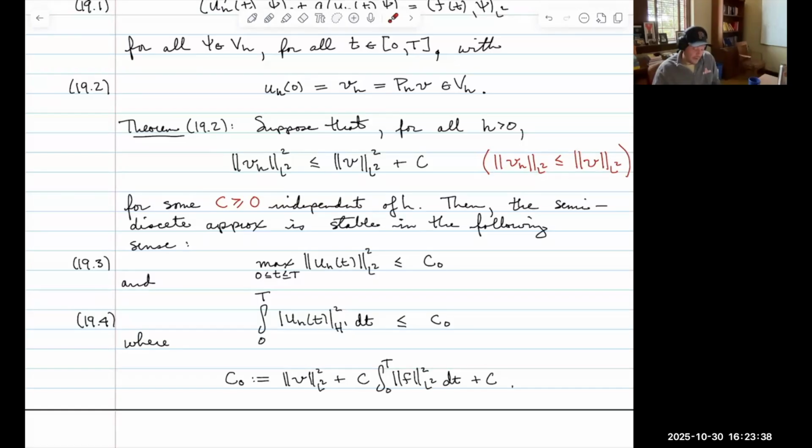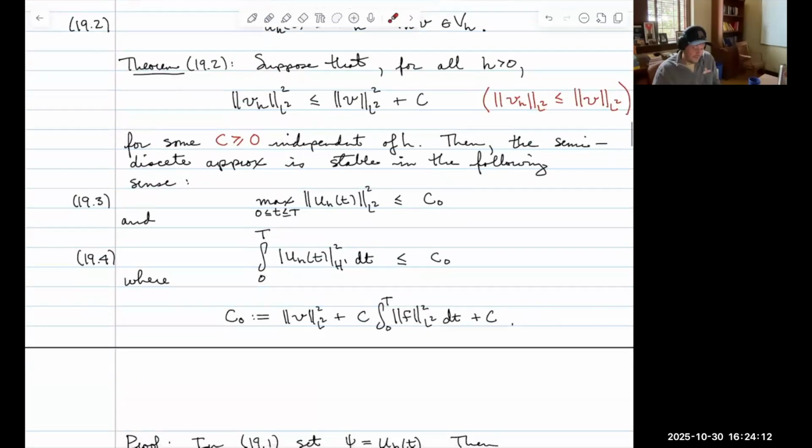In fact, I know what that constant should be. It should be the L2 norm squared of v plus a constant times the L2 norm squared of F, plus that same constant that appeared here. And we can show this norm squared of UH, the finite element solution, is less than that same constant.